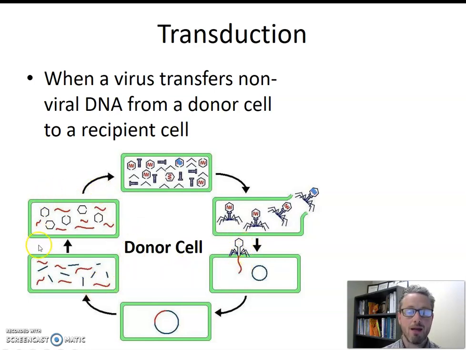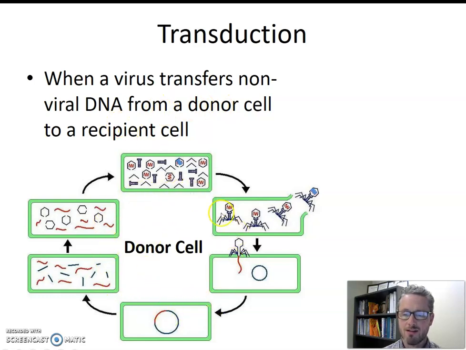We've got the host cell manufacturing viral pieces, synthesis. Then we've got assembly, when the viruses are getting put together. And this is where I've made a slight change. I've indicated in this virus right here that the genetic material in there is different. The genetic material in this virus is meant to represent bacterial DNA, non-viral DNA. So again, transduction is when a virus transfers non-viral DNA from a donor cell to a recipient cell.